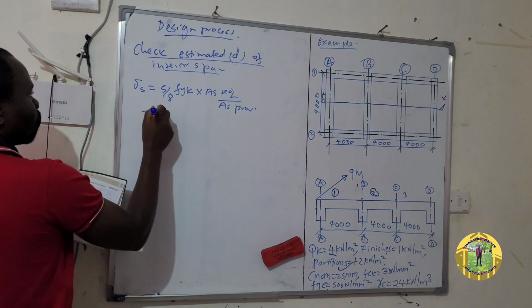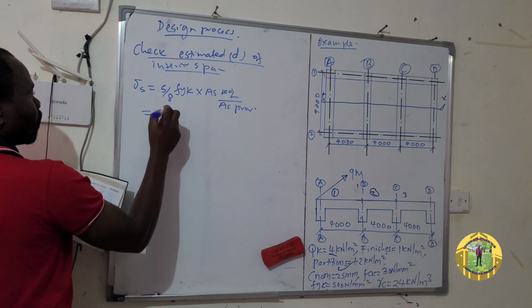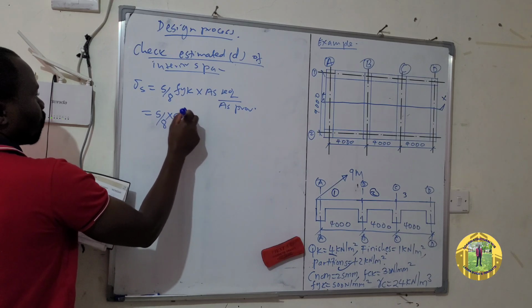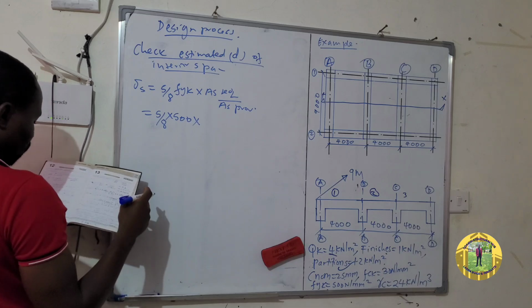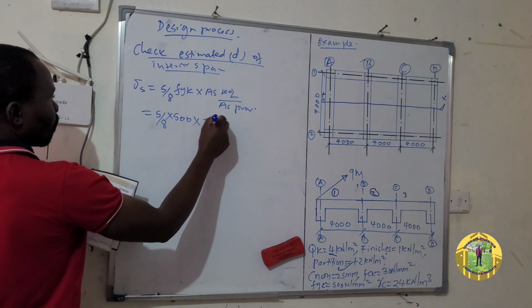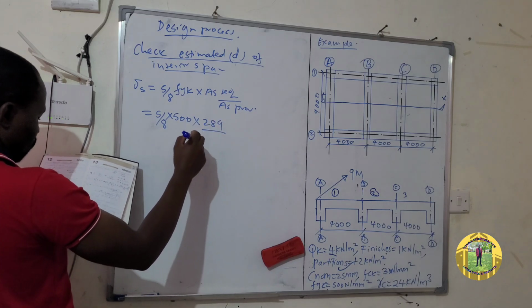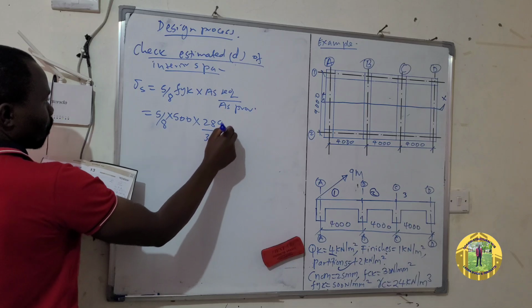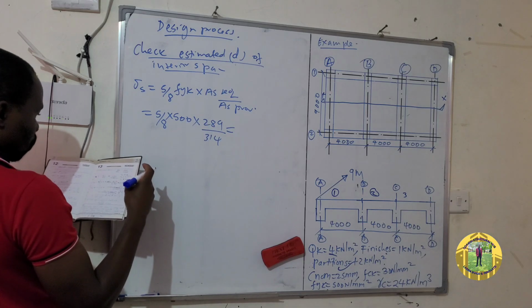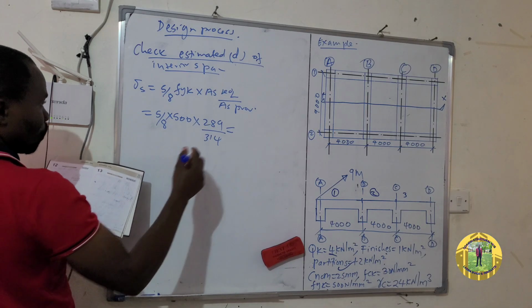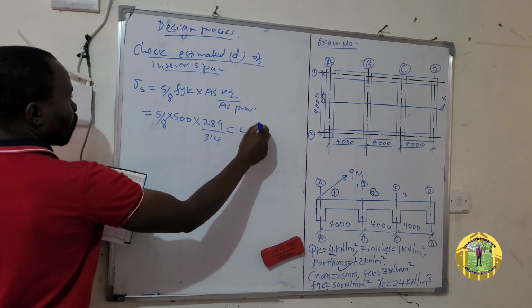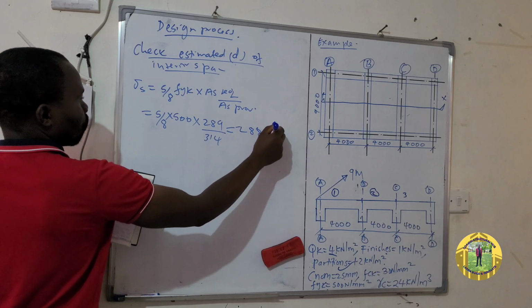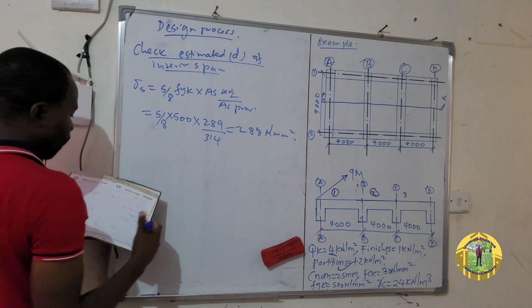So this is 5/8 times 500 times 289 all over 314, which is equal to 288 Newton per millimeter square.